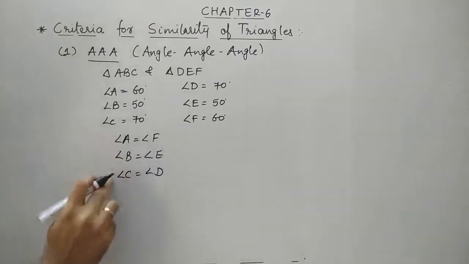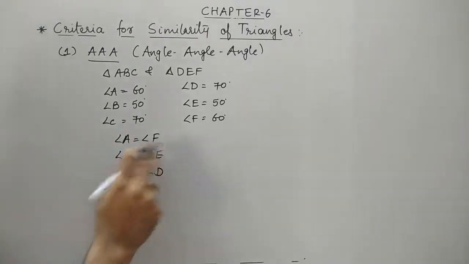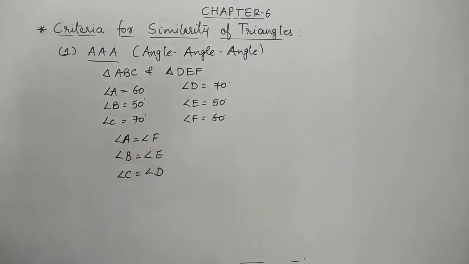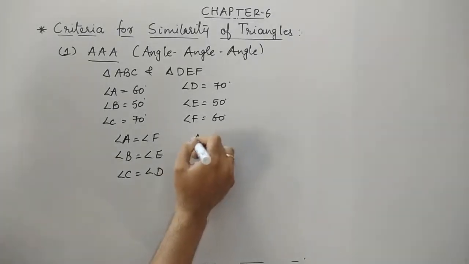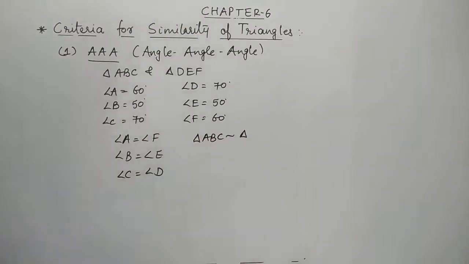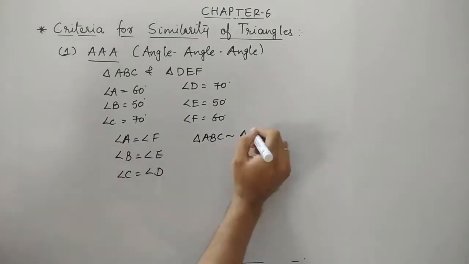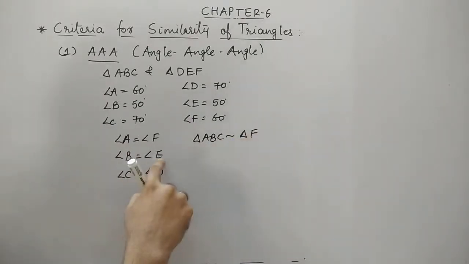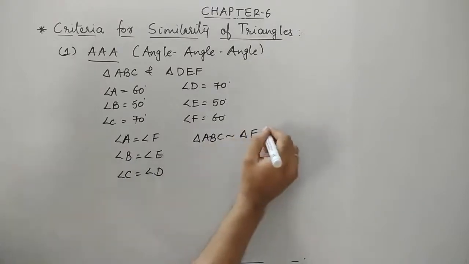When these 3 corresponding angles are equal, we can say that triangles ABC and DEF are similar. Now look at which are the corresponding angles. A corresponds with F, as A is first, so F comes first. B corresponds with E, B second, E second.